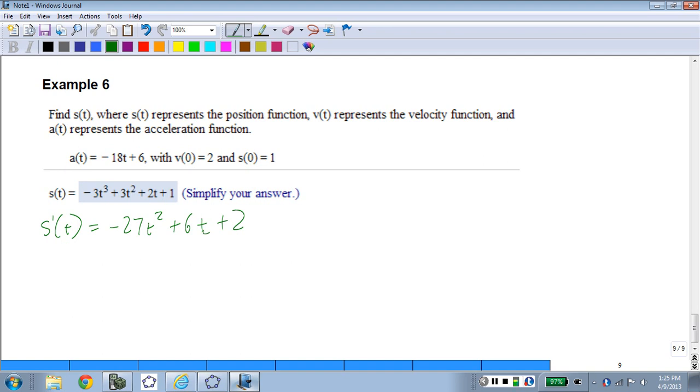This is the rate at which the position of the particle is changing with respect to time, and another word for that is the velocity. If it's changing rapidly with respect to time, it's high velocity. If it's changing slowly or just hanging out, it's low velocity. The derivative of the position function is the velocity.